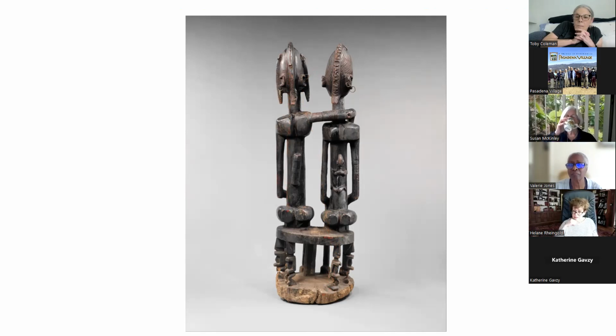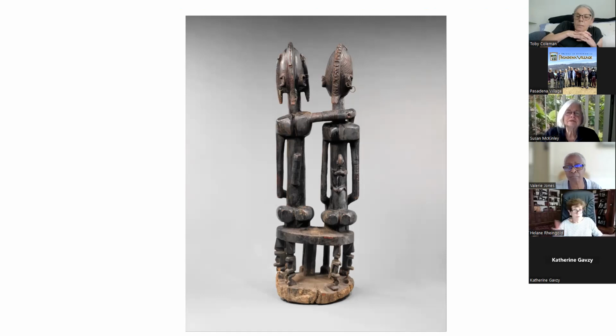The small figures are the supporting ancestors. Right, they're there to remind us that they're always there. So that concept of smaller being less important does not apply here at all. Okay, I see your point. In fact, that makes much more sense. I'm glad you raised that. Thank you very much.